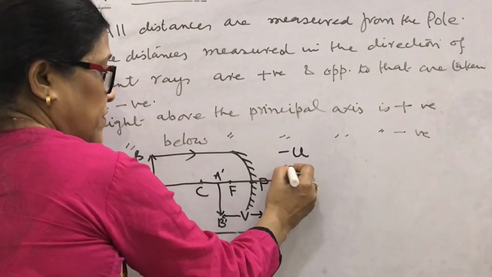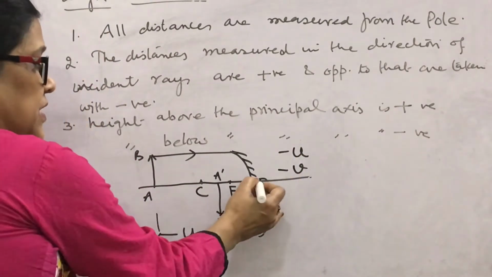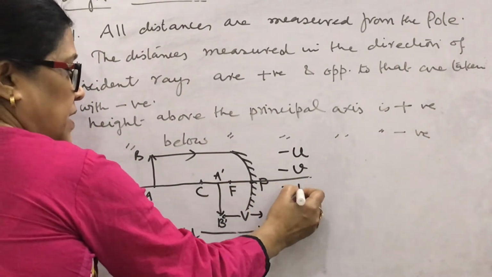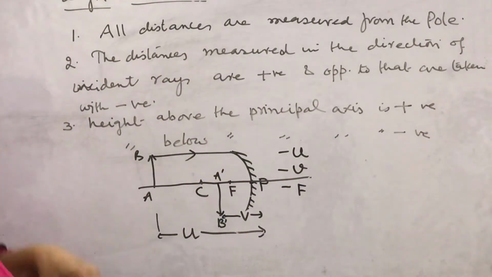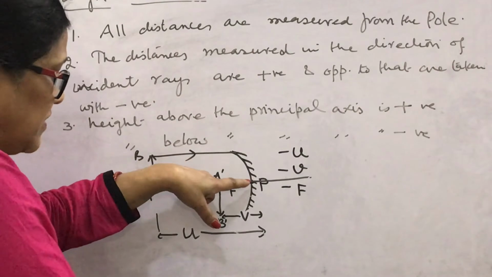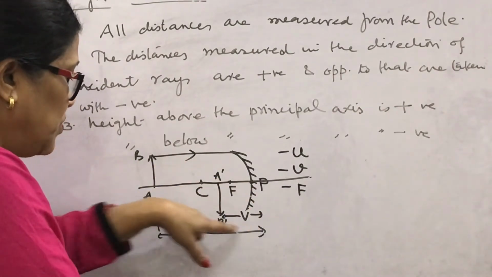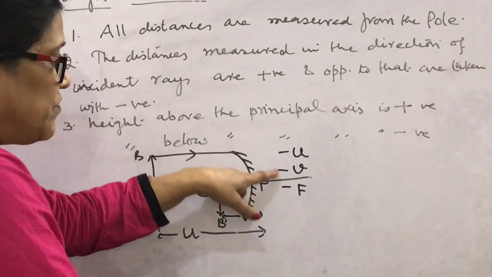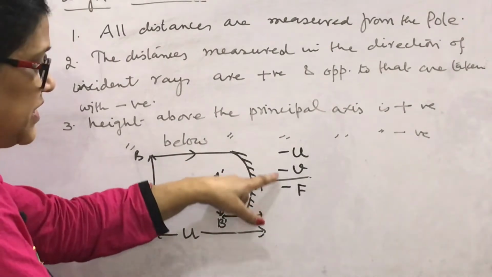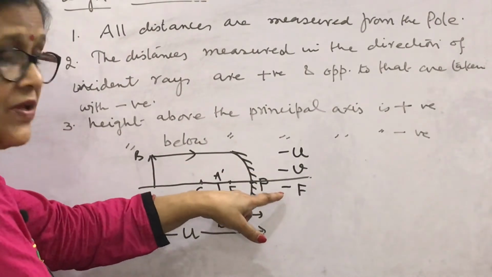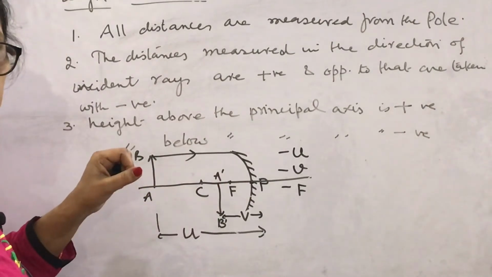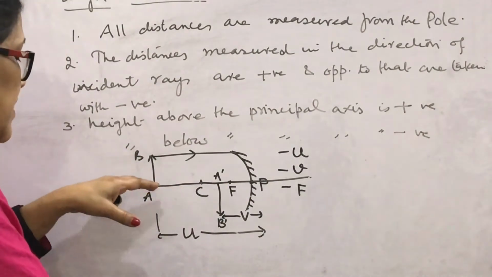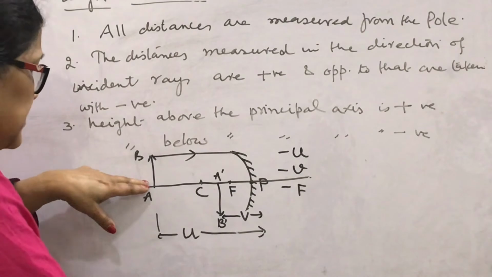You will write minus V. Similarly, the focal length will be minus F. So for a concave mirror, for the distances U, V, F, we observe all three are negative if the image is formed in front of the mirror. Okay.